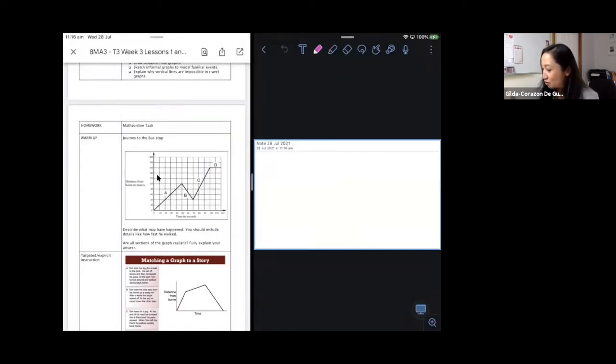All right, so speed would be equal to distance over time. What does distance over time mean? It's distance divided by time, right? That's why for the speed of segment A, the speed would be 100 over 50. And what's 100 divided by 50? That's 2 meters per second.